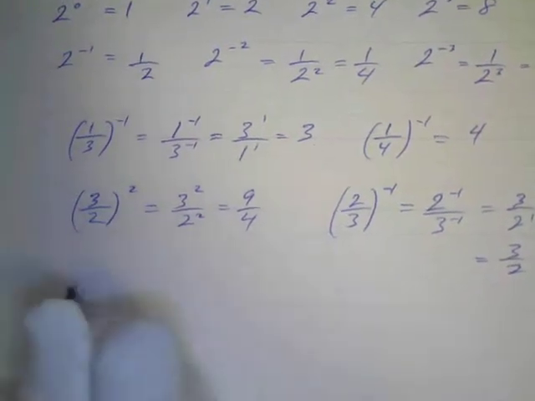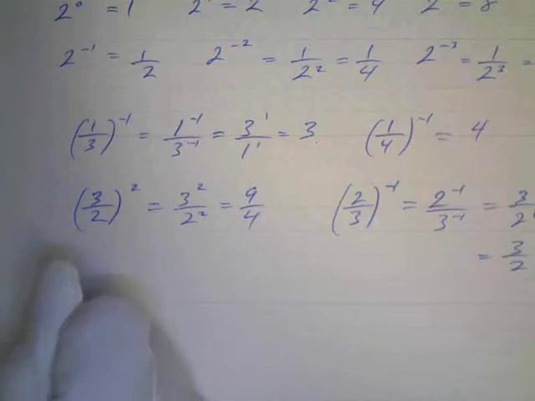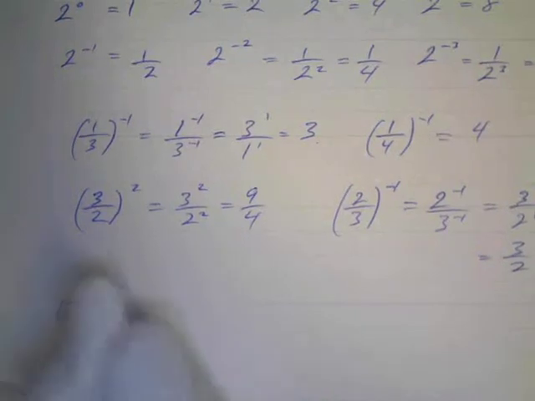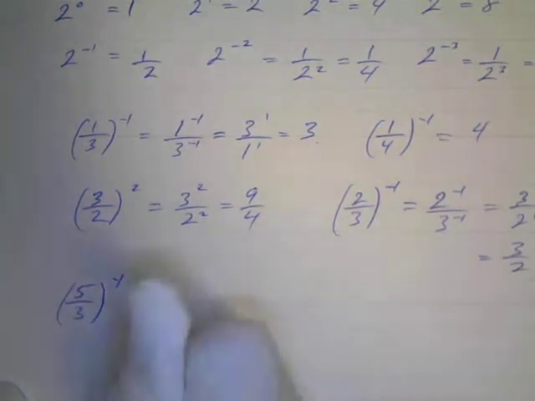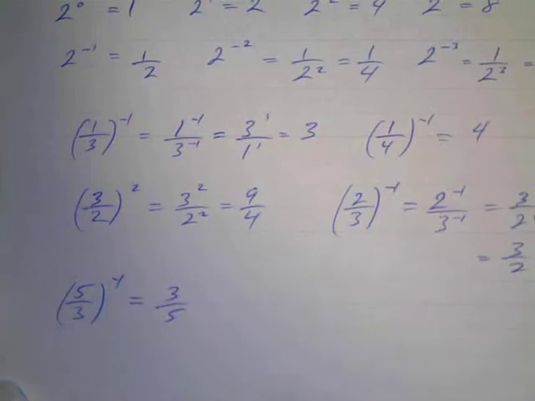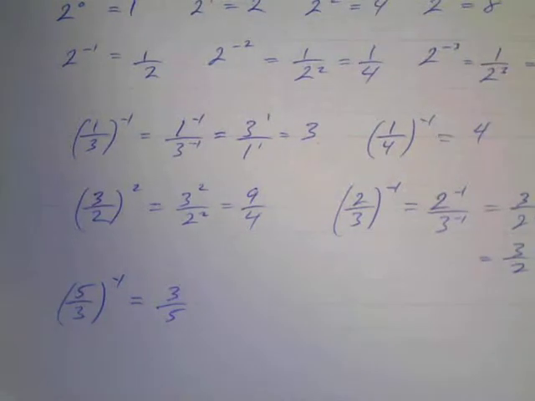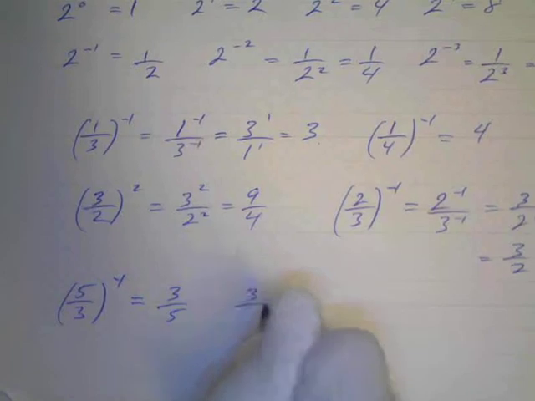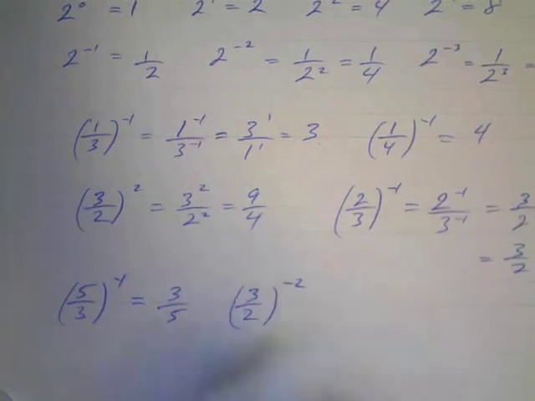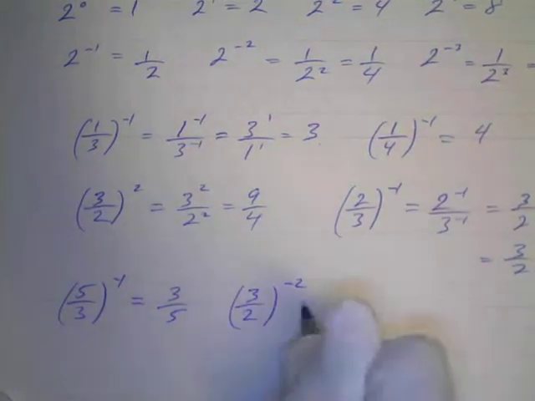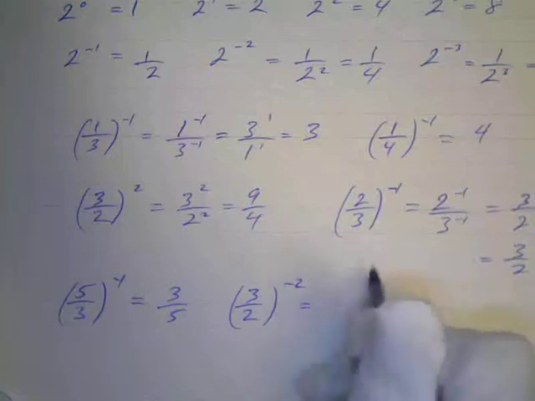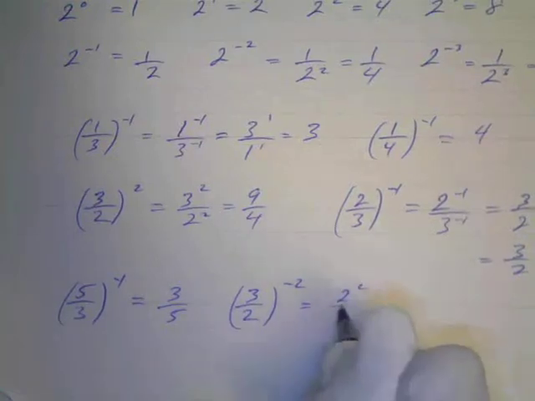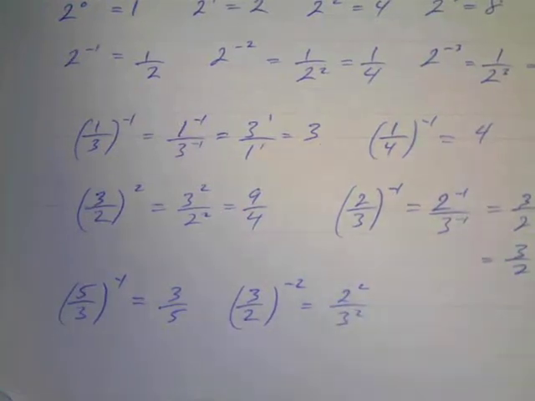So if you saw an example like 5 over 3 to the negative 1, that would be the same thing as 3 over 5, which is to the 1 power. Just flip them. And if we saw something like 3 over 2 to the negative 2 power, then we could just flip those and say that's going to be 2 squared over 3 squared.